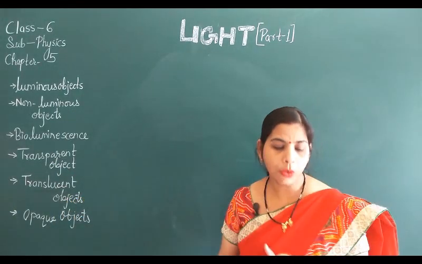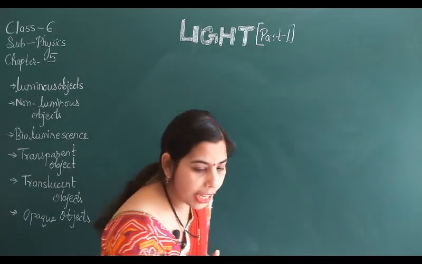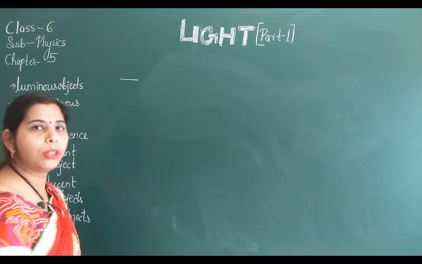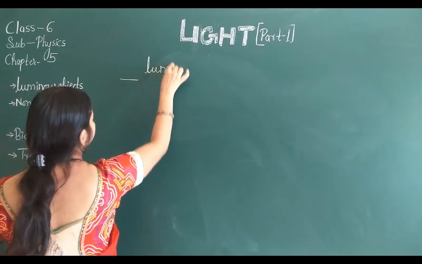The objects are defined into two types. First is the luminous object.